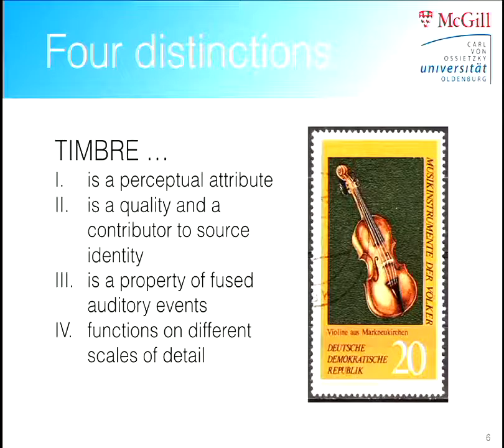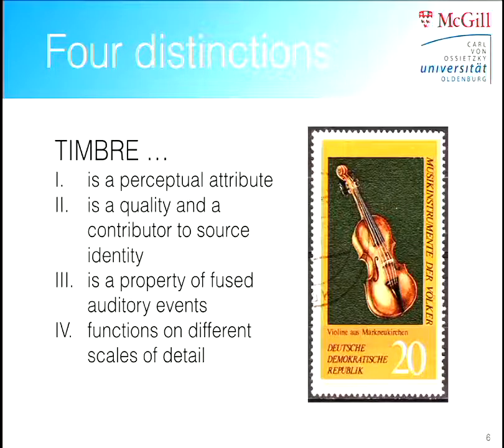Here are four distinctions that I'd like to make on timbre. First, it is a perceptual attribute. Second, it's a quality and a contributor to source identity. Third, it's a property of fused auditory events. And fourthly, it functions on different scales of detail.